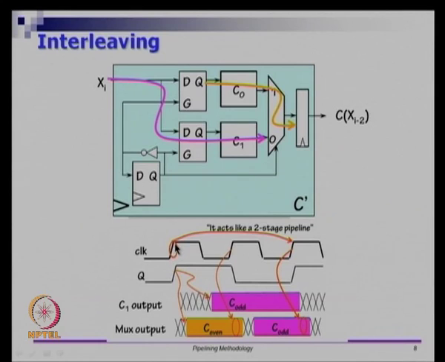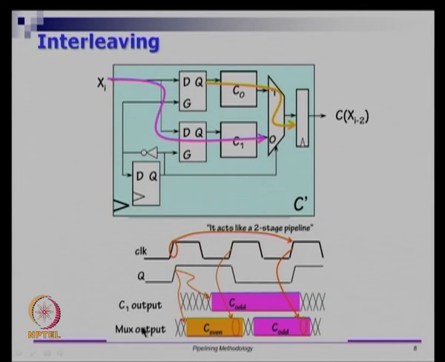So, when the clock pulse comes in, if Q was 0, it changes to 1. When the next clock pulse comes, it goes back to 0 and so on, right. So, Q is toggling at half the rate, because you have doubled the time period, the clock frequency of Q is half, and this Q is going as latch enable for this as well as here.